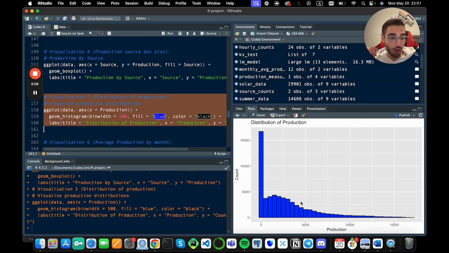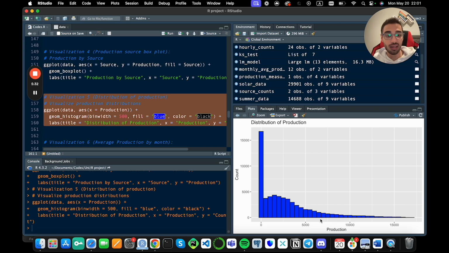When we go further and produce more energy, we can see the count of days, for example, the days we produced 10,000 megawatts with solar and wind, is less, and it is an outlier. And the more we go, the more rare it is.